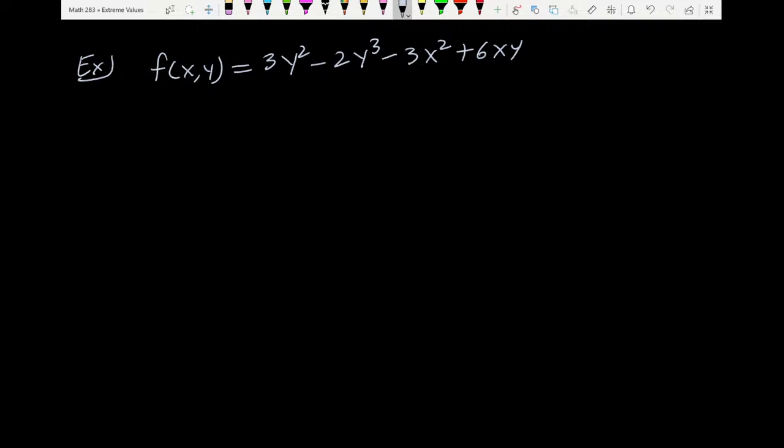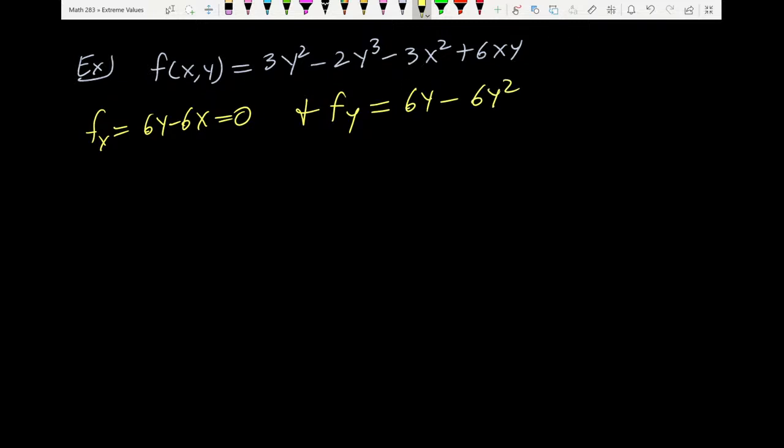So was it easier or was this one hard? f sub x is what? 6y. And f sub y? From that, what do you get? x equals what?